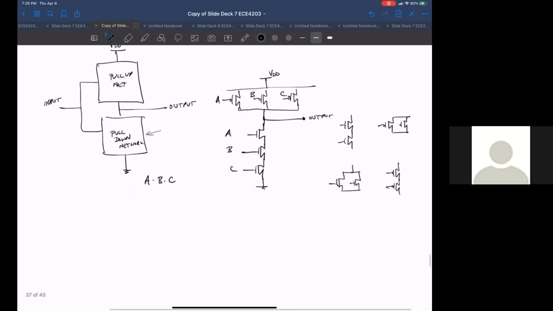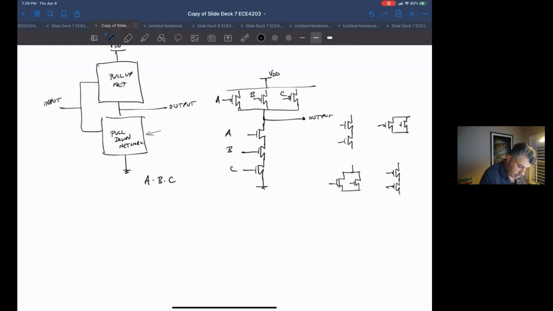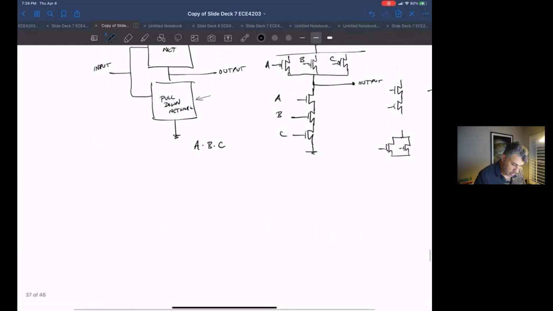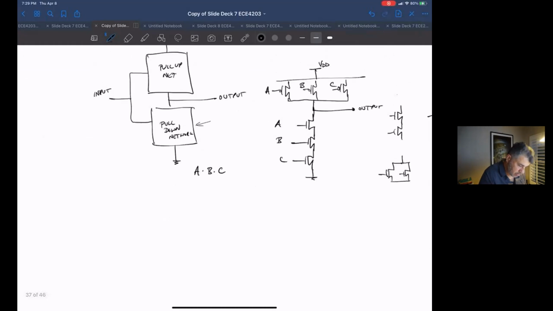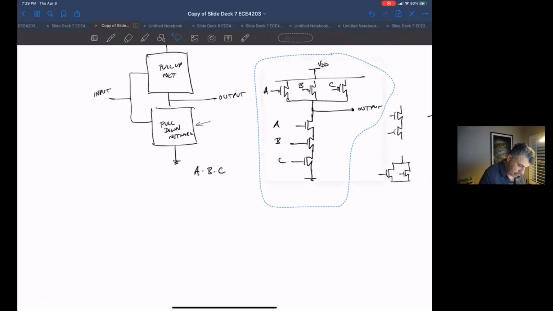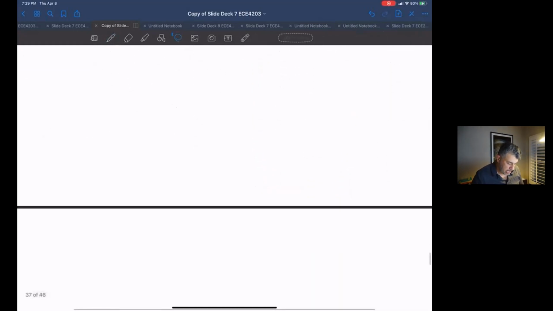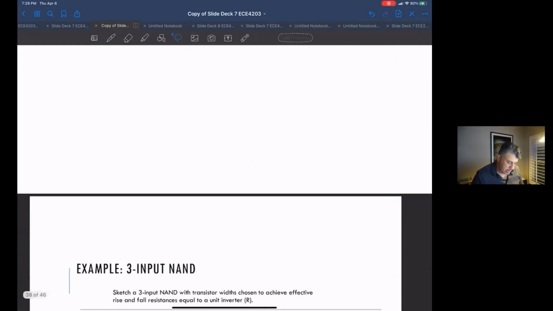Okay. So now we got that. The problem is asking us, now that we have the NAND gate schematic, to pick the sizes of these transistors, with the transistor width chosen so that the effective rise and fall is equal to a unit inverter.